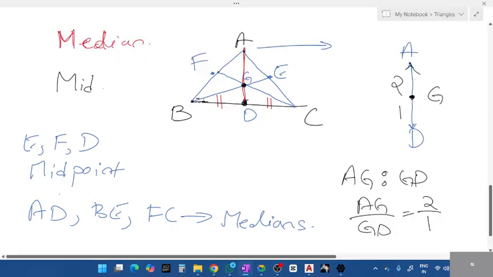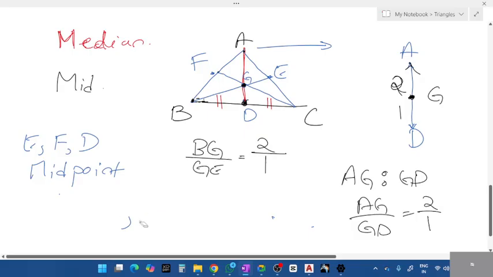Whichever starts from vertex, students, from vertex to center, the length will be greater. So that is the reason it is 2 and 1. Can you tell me the ratio for BG divided by GE? What is B to G? 2 is to. What is G to E? 1.